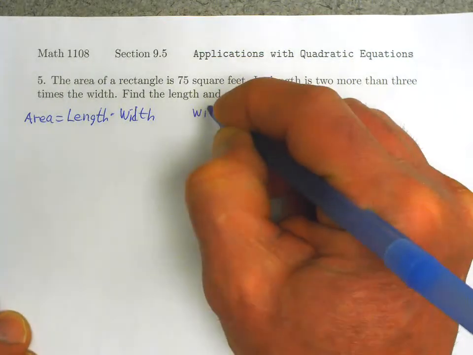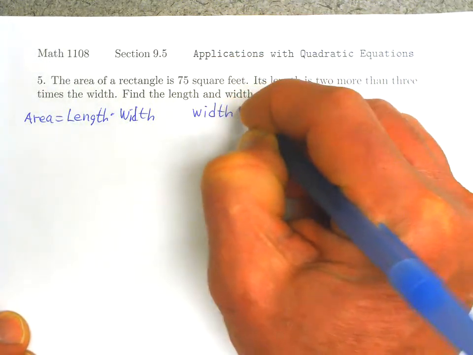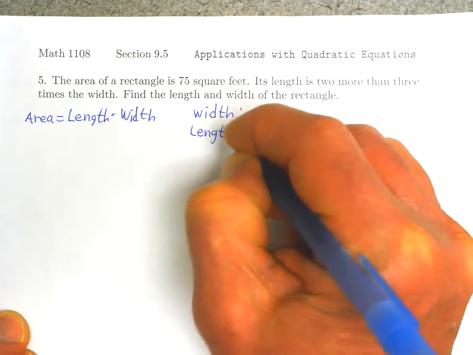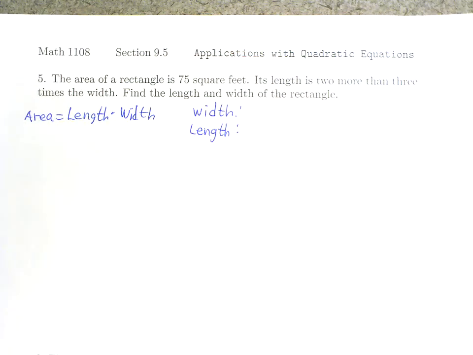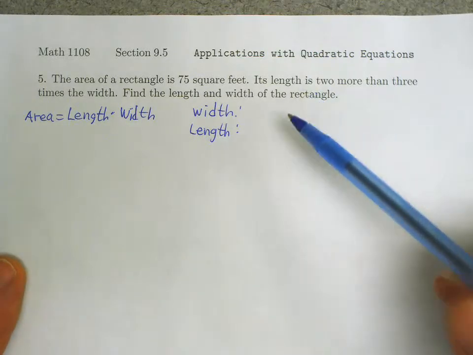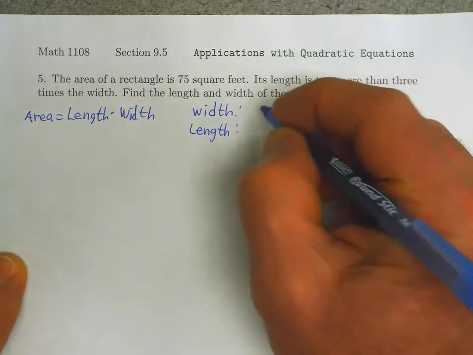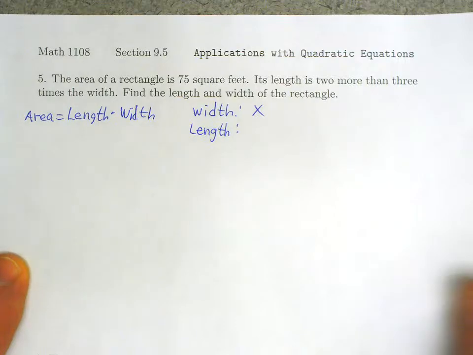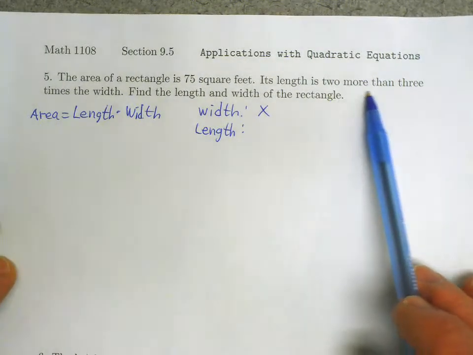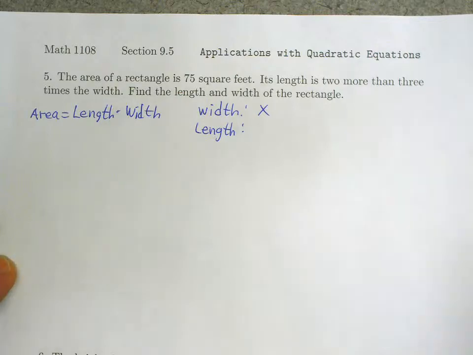So my general strategy is to pick a variable for the quantity that is used to describe another quantity. So since the length is described in terms of the width, I'm going to pick a single variable to represent the width. And then the length is 2 more than 3 times the width.